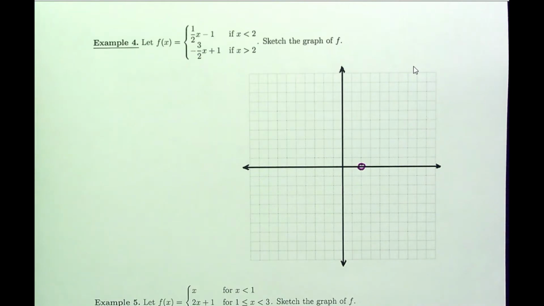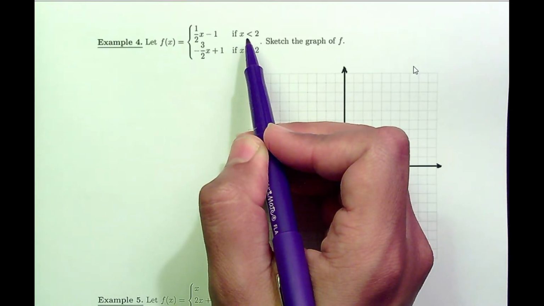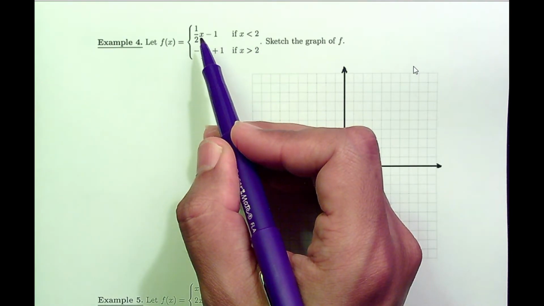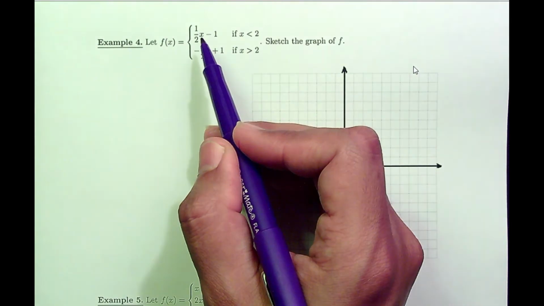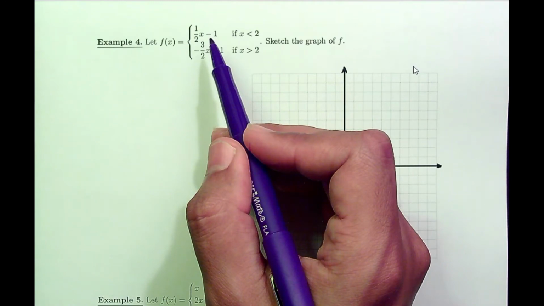Okay? Alright. Now, grab a number to the left of x equals 2. Let's say I'm going to grab x equals negative 2. Okay, so if I plug in x equals negative 2, which satisfies this property, I'm going to plug in negative 2 on the top here. So 1 half times negative 2 is negative 1. Negative 1 minus 1 is negative 2.